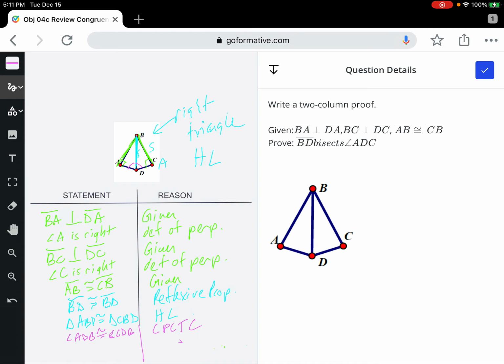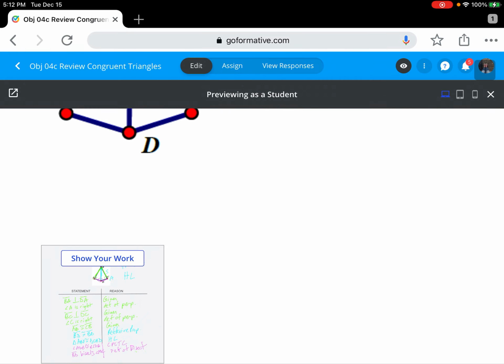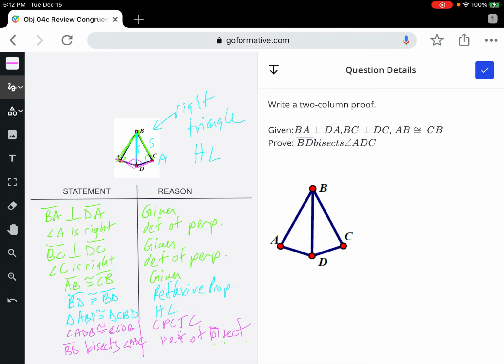If those two angles are congruent, then this whole angle right here must be bisected. Okay, so I know that BD bisects angle ADC, and that's going to be definition of bisect. So there you go.